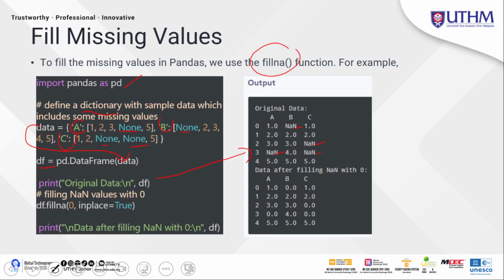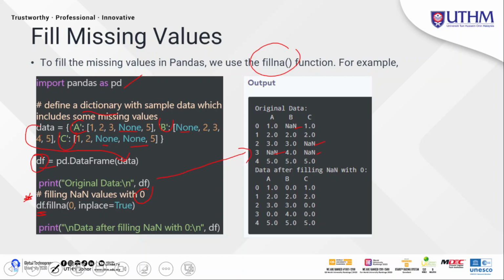Okay, so in order to fill up missing values, in this case, you can see here in the comment section, filling not a number values with zero. So we try to replace NaN with the value zero. So df.fillna(0, inplace=True). This df actually comes from the data frame name.